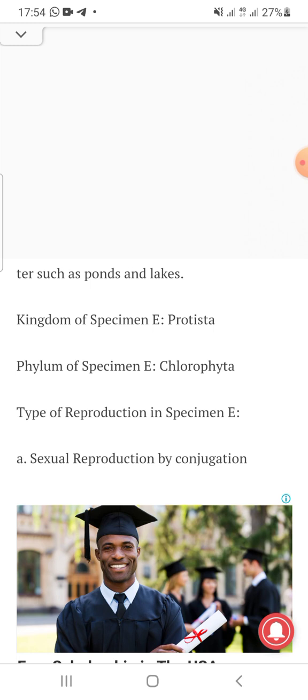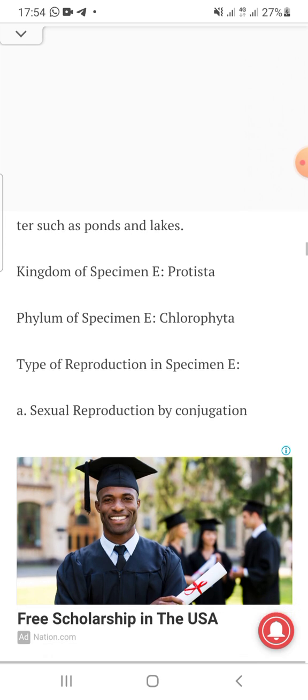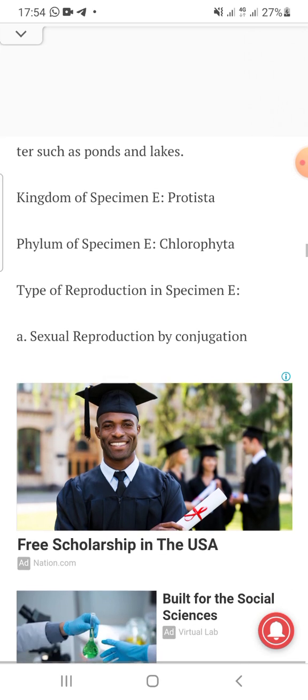Kingdom of specimen E, Protista. Phylum of specimen E, Chlorophyta. Type of reproduction in specimen E, asexual reproduction by conjugation.